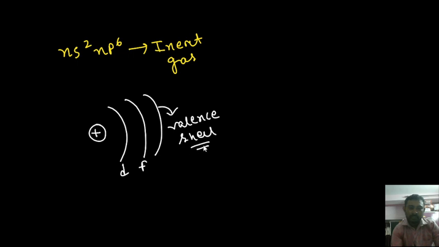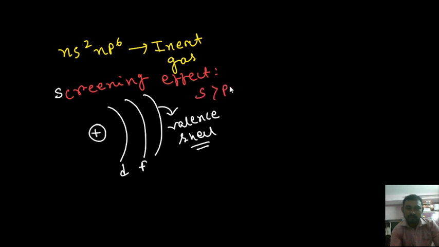As for the shielding or screening effect, the order for the s, p, d and f orbitals is: s is highest, then s greater than p greater than d greater than f.